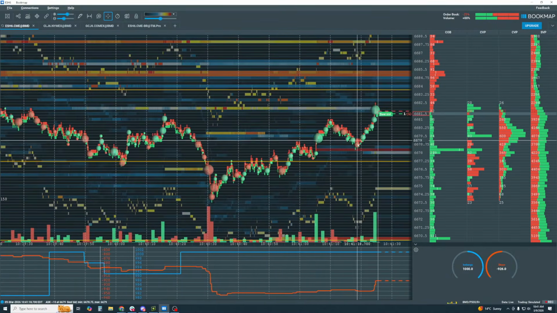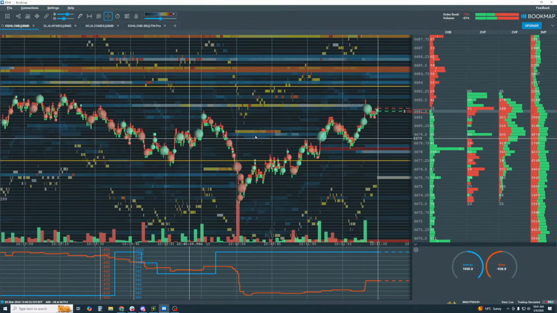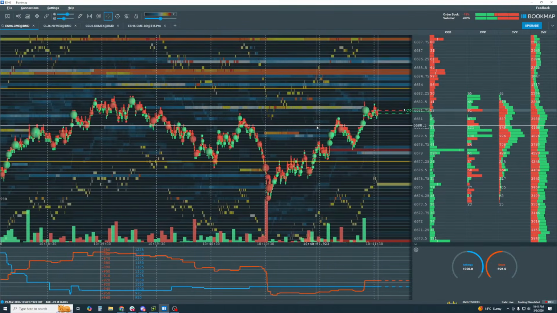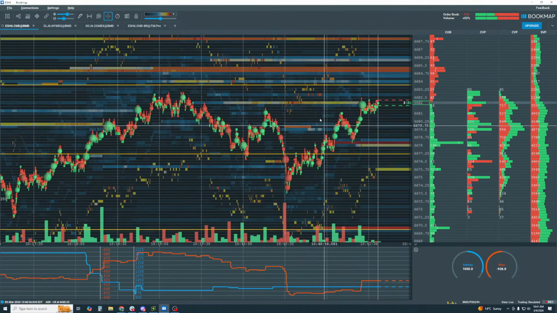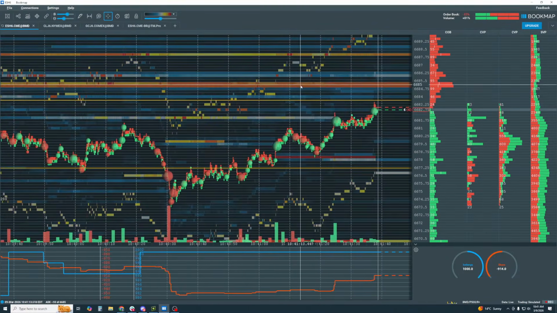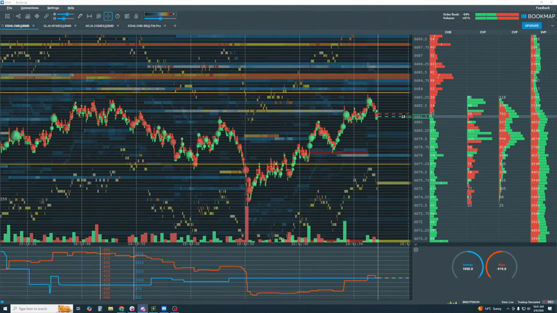All right, so we need to see sellers come in, and we're not getting that right now. See the buyers coming back in, lifting the offer back up into these areas here. Is this making sense?